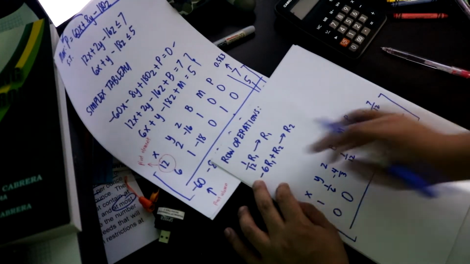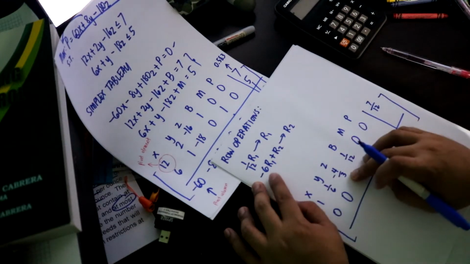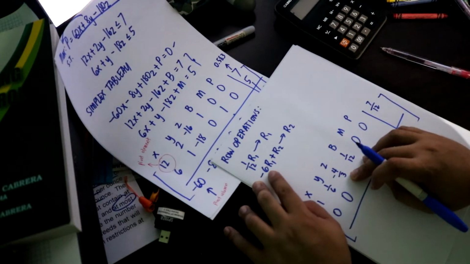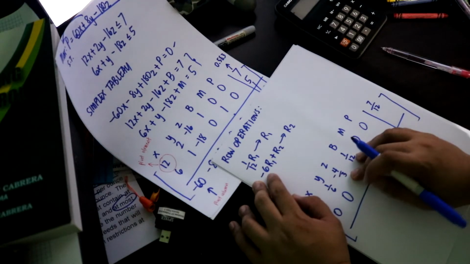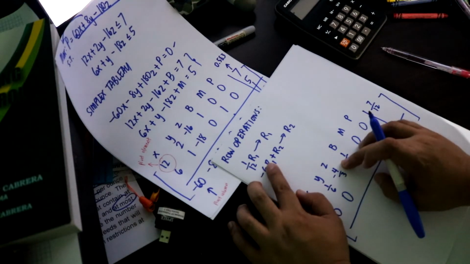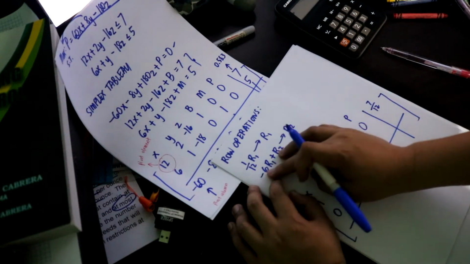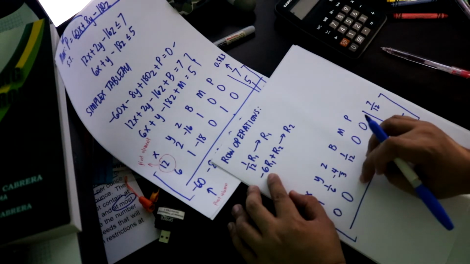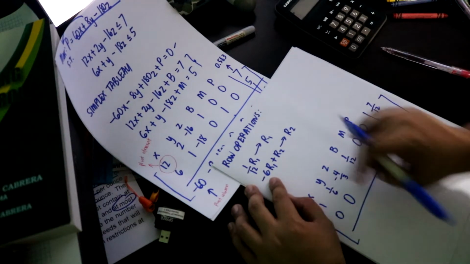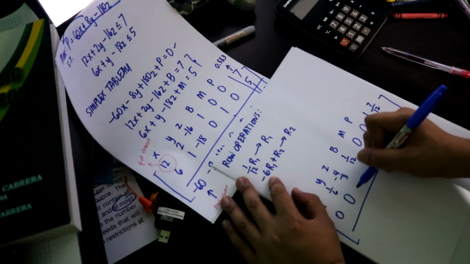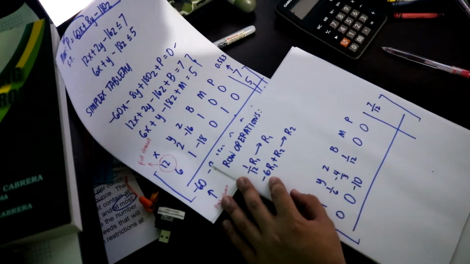Negative 6 times 4 over 3. So, we can cancel out negative 6 and negative 3. That would be 2 times 4, so 8. Negative 6 times negative 4 over 3 is 8. Plus negative 18, that would be negative 10.